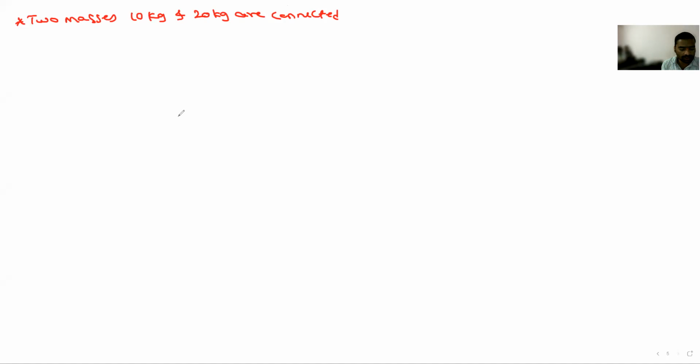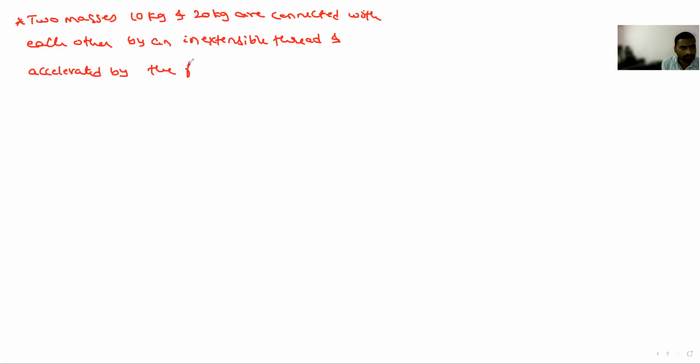Okay, this is also one of the important ones. Two masses connected with each other by an inextensible thread, and accelerated by a force of mass 30 kg, as shown in figure.